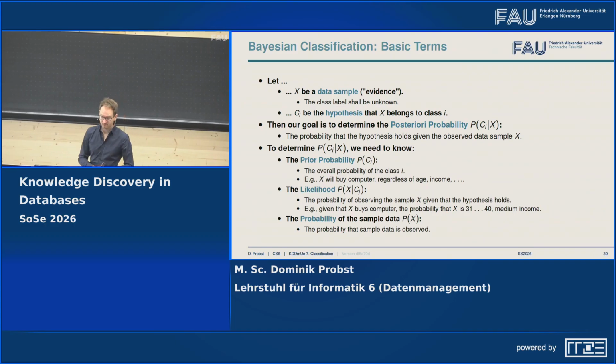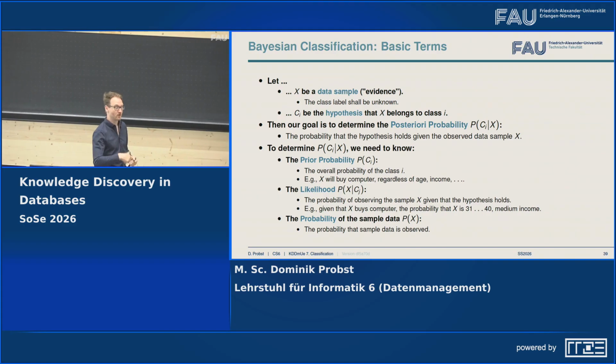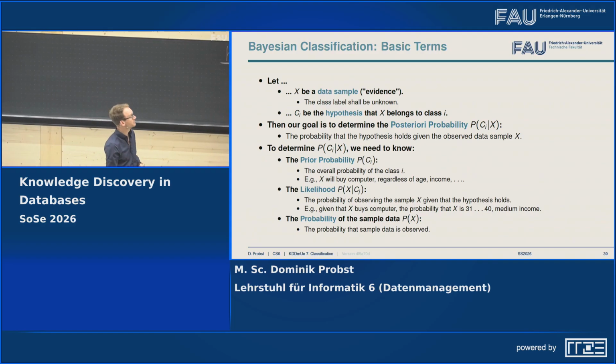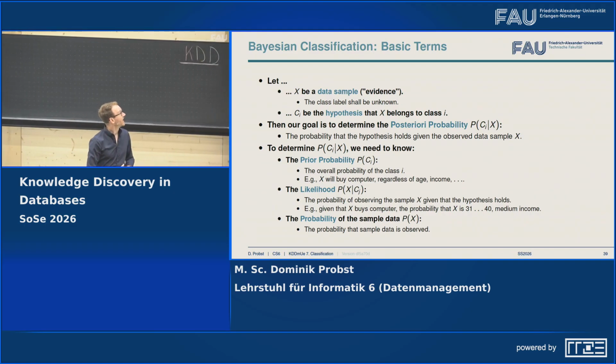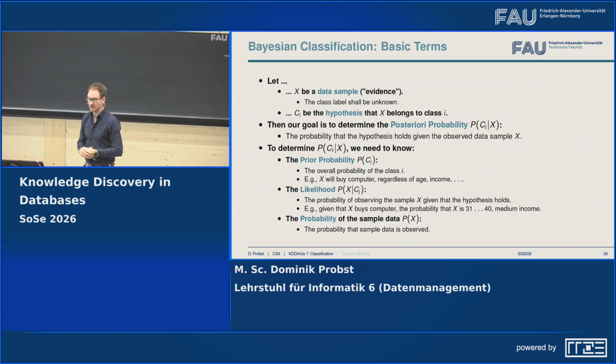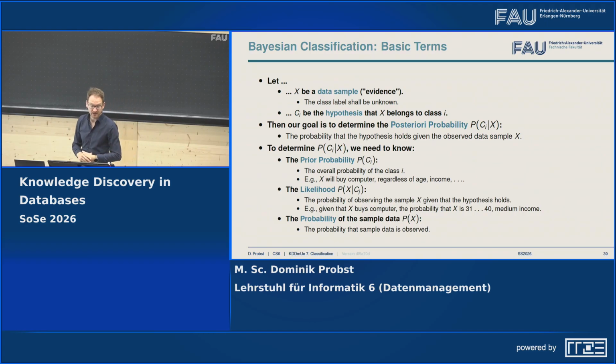To determine this posteriori probability, we have to first know three different things. We have to know the prior probability. That is the probability that we are in class Ci. So how likely is it that we are, for example, a female? Then we have to have the likelihood.